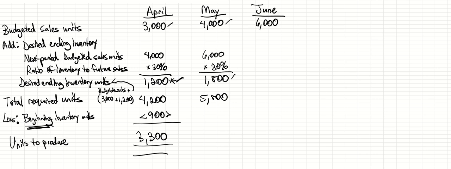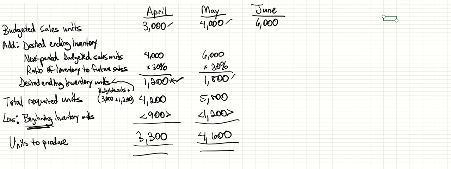I want you to know that this amount of 1200 is going to be May's balance at the beginning of the period in inventory, which is coming from the ending balance from April. Okay. So we're going to subtract 1200 from 5800. That's going to give us 4600 units to be produced in May.